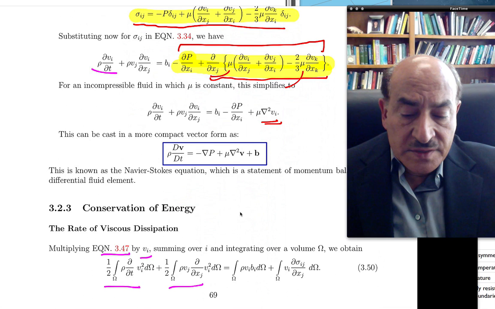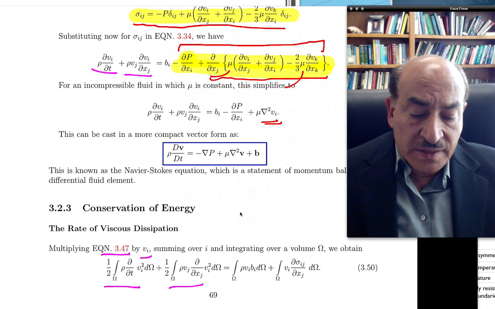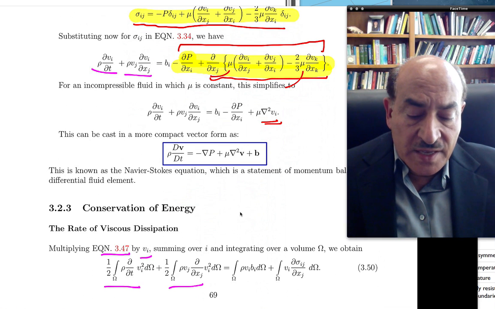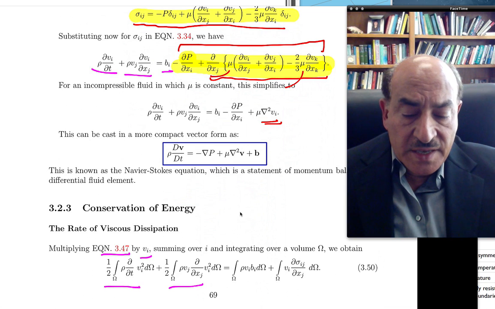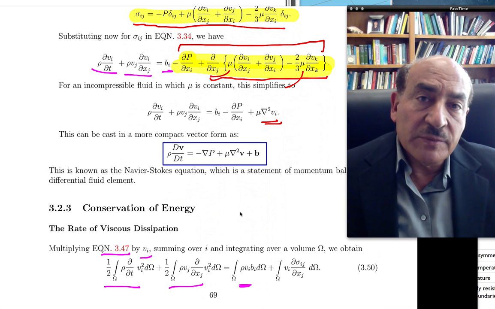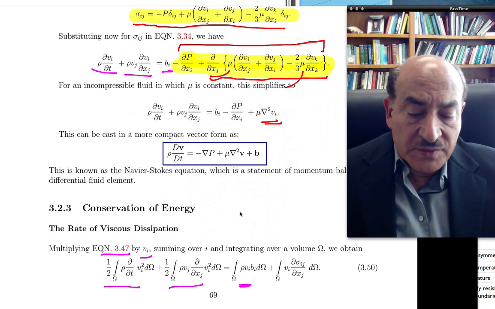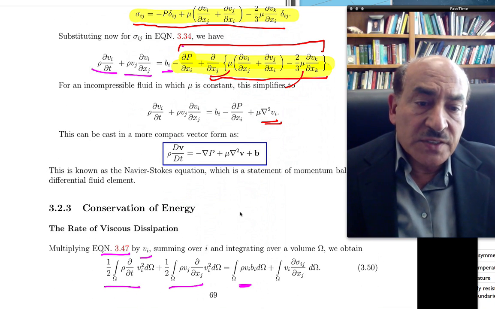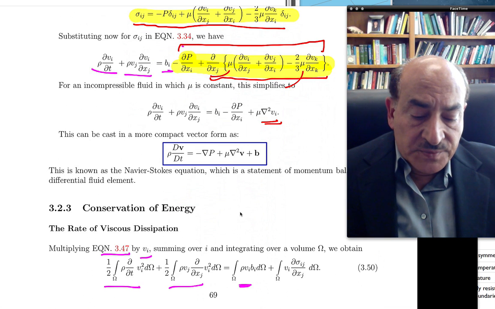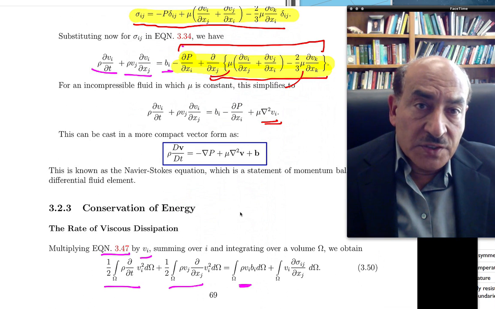The second term is also here, Vi times d by dxj of Vi squared. And then on the right-hand side, we have Bi now multiplied by the velocity, and we have to replace the term in this brown bracket here by its original form, which is the divergence of the stress tensor itself.